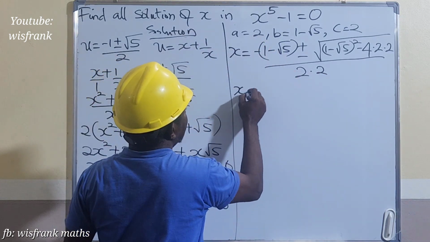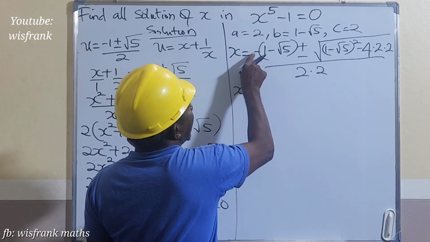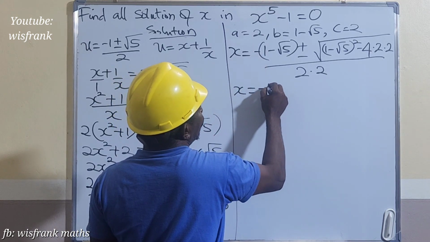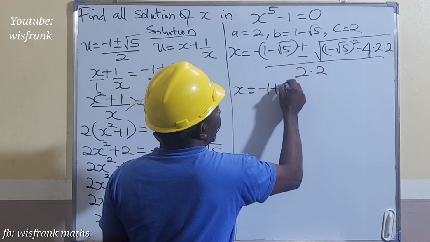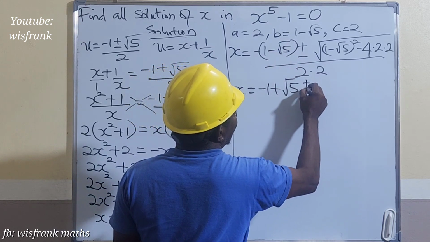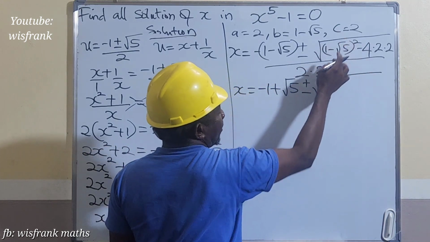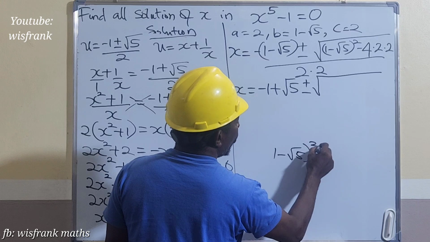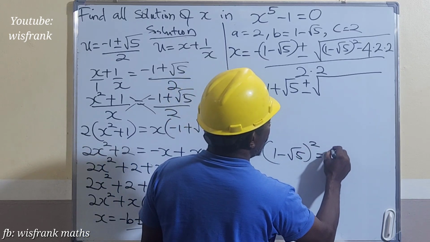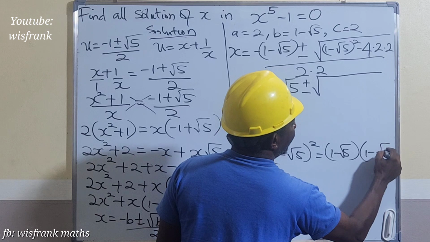Then we have x equals, this will become minus times 1 is minus 1. Then minus times minus root 5 will come plus root 5. Then we have plus or minus the square root of, so this is the same thing as 1 minus root 5 squared, which is the same thing as 1 minus root 5 into 1 minus root 5.